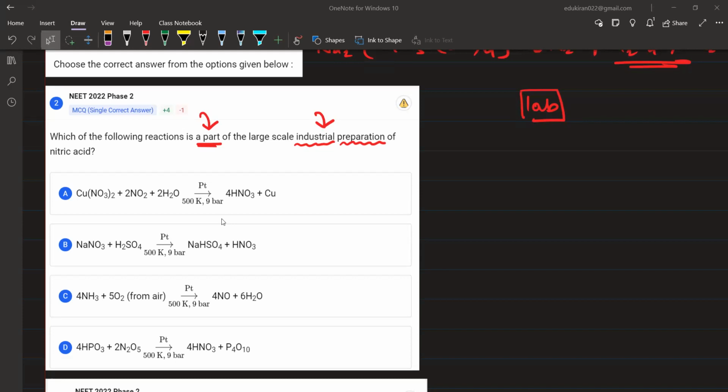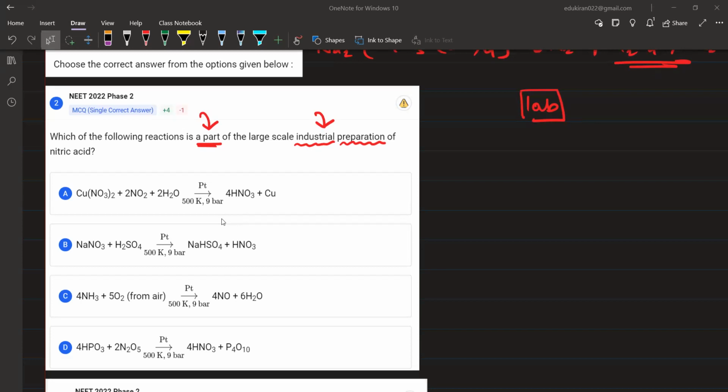Yes, Anna correct. Yes, Alia correct. Samaira, think once again.